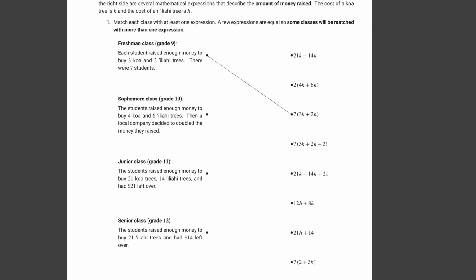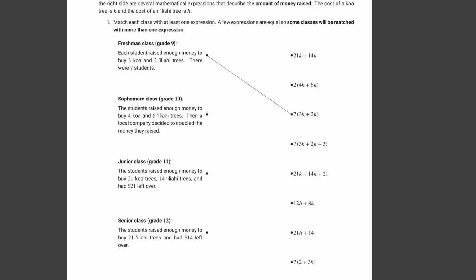Let's do the first one together. In the freshman class, each student raised enough money to buy 3 koa and 2 iliahi trees. There were 7 students. 3 koa and 2 iliahi can be written as the expression 3k plus 2h. This is the amount of money that was raised by one student.